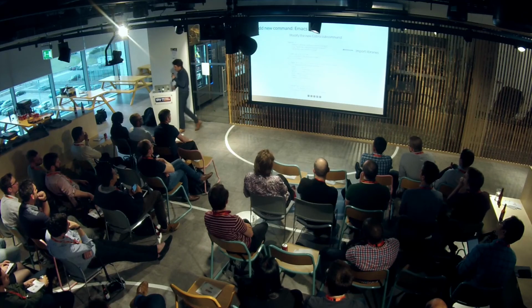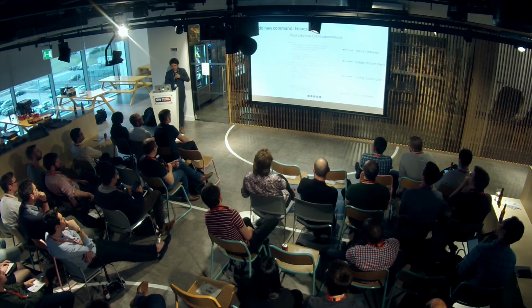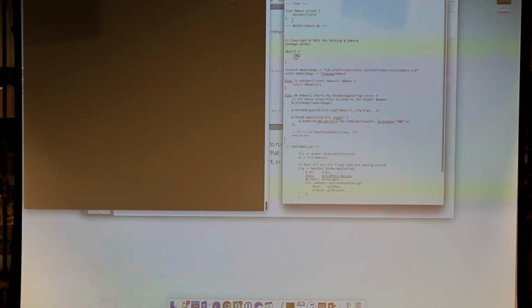So let's give this a go. Configure Docker clients and then run the container. So this is just the code that I've just shown you on the slide. The first thing that we need to do is add a type.